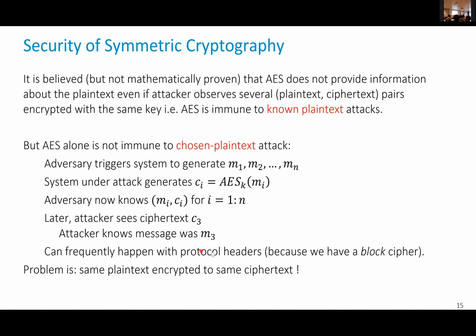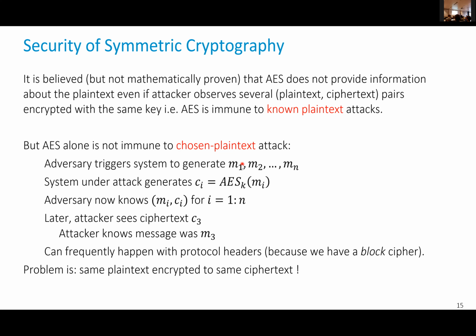For example, the same protocol header: we've seen that an IP header is 40 bytes plus TCP that will add another 20 bytes. So there are 60 bytes. That makes a big part of a block. And after that, you may have information about the application layer, which are always the same. So you can see the same word again and again.